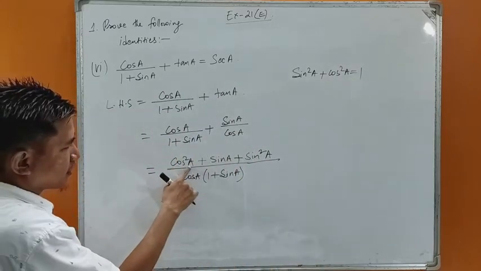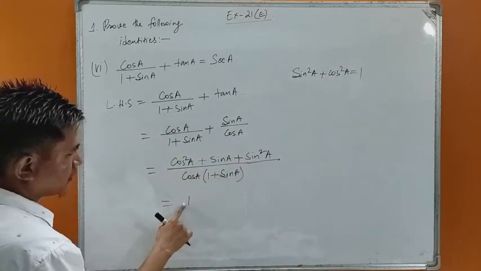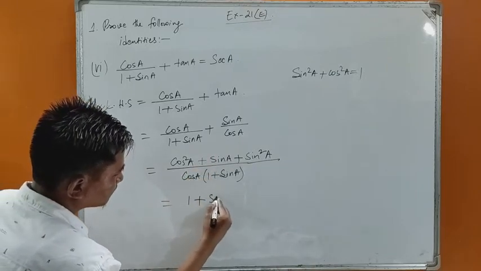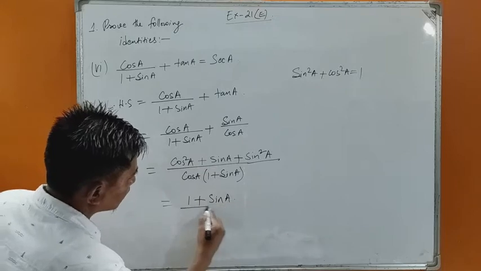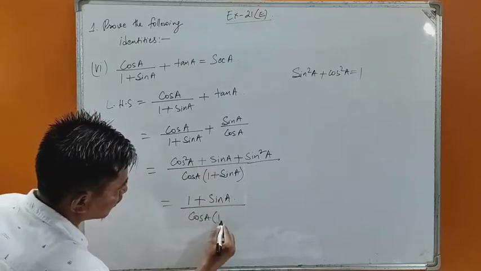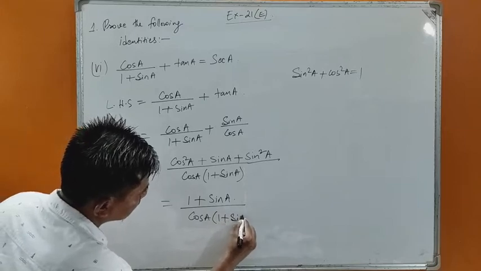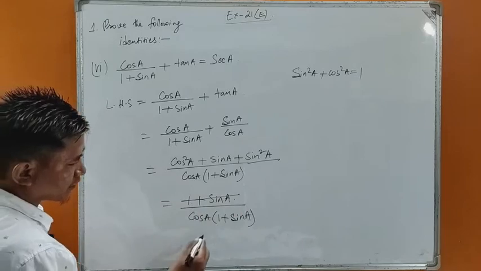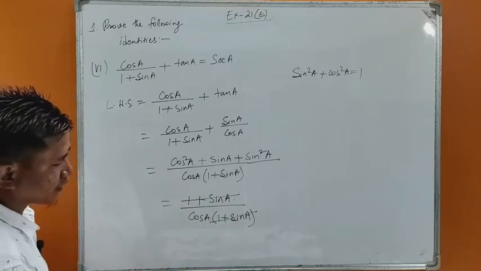So cos square a plus sin square a means 1 plus sin a, plus this sin a comes here, sin a. In the denominator we have cos a into 1 plus sin a. Now this 1 plus sin a from the numerator and 1 plus sin a from the denominator can be cancelled.